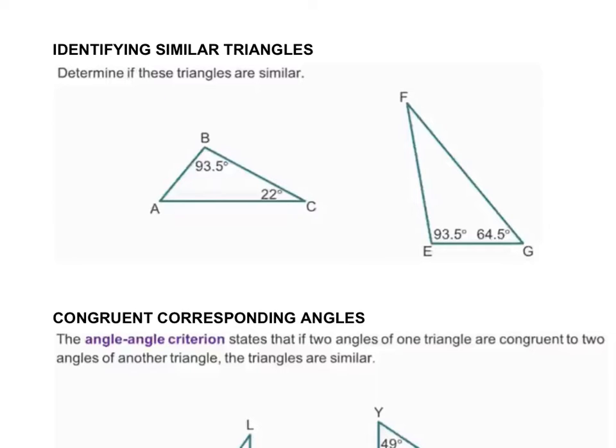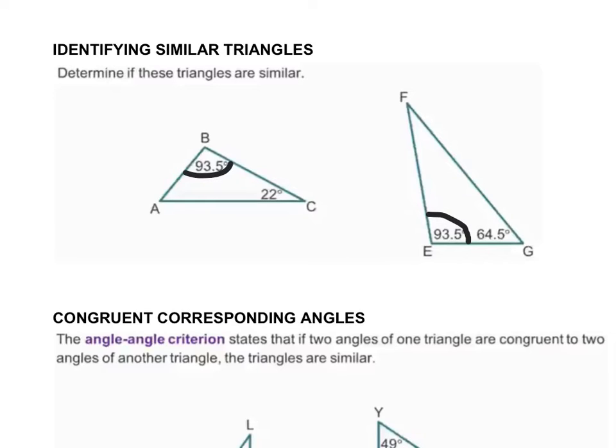Let's apply the fact that here we've got these two different triangles, triangle ABC and FEG, and we're just trying to figure out, are these similar? So here's what I know: angle B is 93.5, and I see that that's the same thing as angle E here.